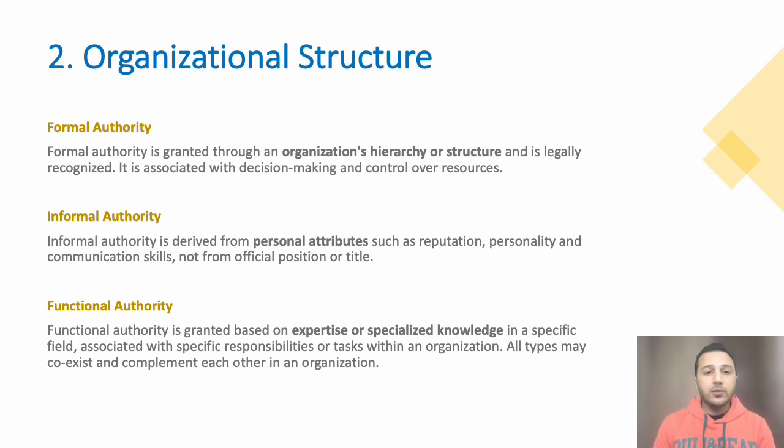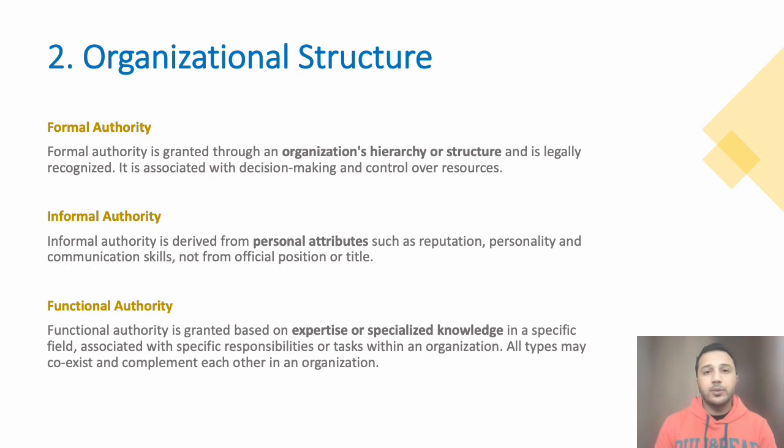Functional authority is where the authority is granted based on expertise or specialized knowledge. Where we believe the individual is capable enough and has the technical know-how, they can exert their authority over others based on their technical competence. Maybe a surgeon can exert formal authority over other people when he's in the surgery room, because the onus is on him and he has the expertise in a very technical field.